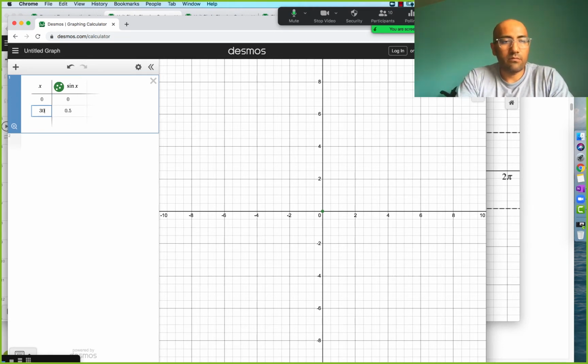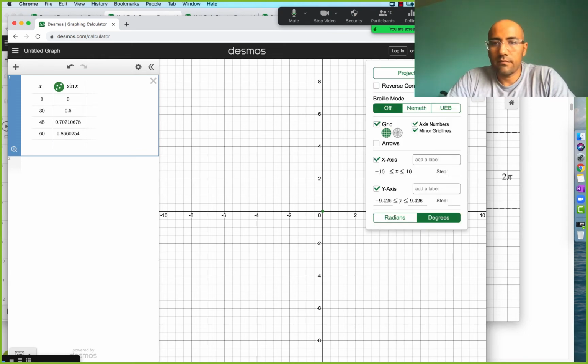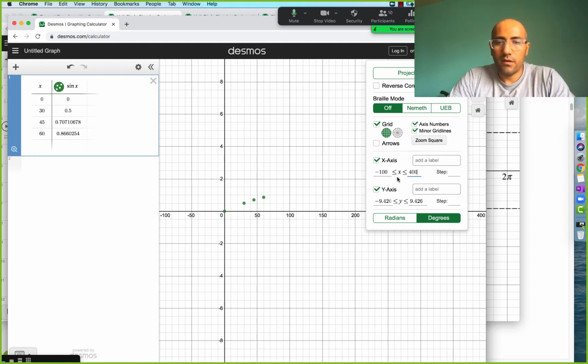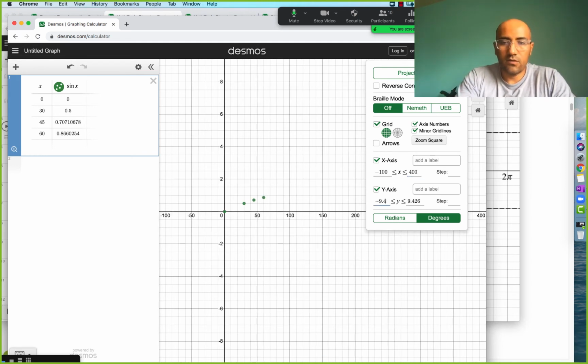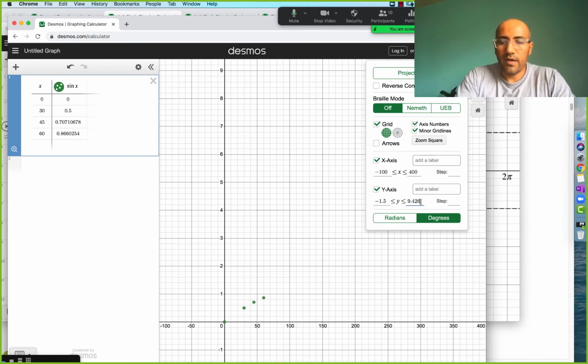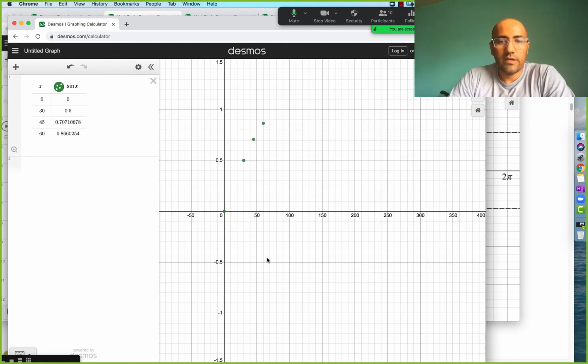Okay, so then we know some basic ones. 30, 45, 60. Okay, so now let's come up with a good way of getting this thing. So let's make the x-axis go from negative 100 to positive 400. And let's make the y-axis go from negative 1.5 to positive 1.5. Okay, so that should give us the results.